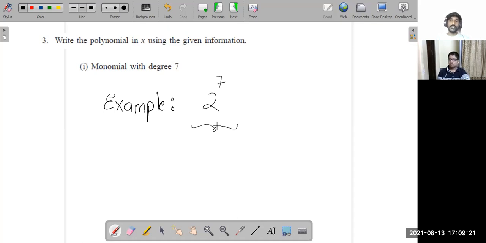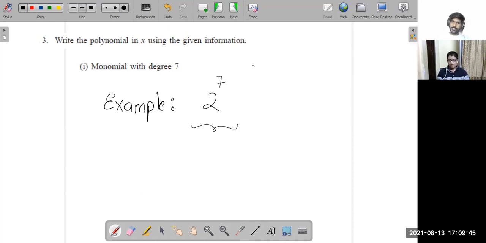It has to be to the something of the polynomial. Variable. Correct. To find out the degree, you look at the variable power, not of the number.